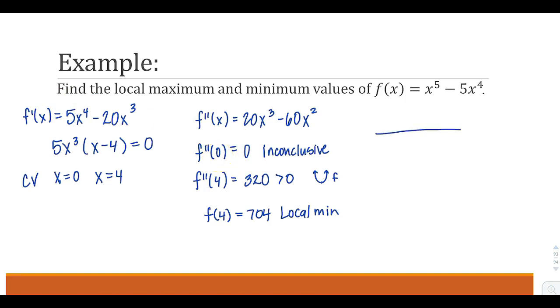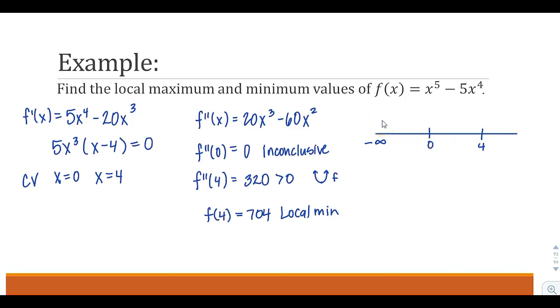So I'm going to go ahead and create a little number line here that extends from negative infinity, 0, 4, but I'm actually not going to bother over here with infinity or anything past 4 because I only care about what's happening near 0.